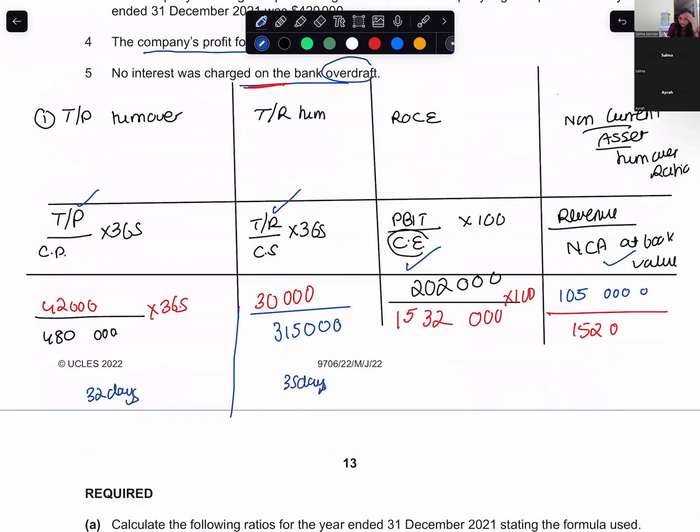Return on capital employed, 13.19%. What does the return on capital employed show you? It shows you how much profit you are earning out of the money that you are using. Non-current asset turnover ratio, 0.69 times.